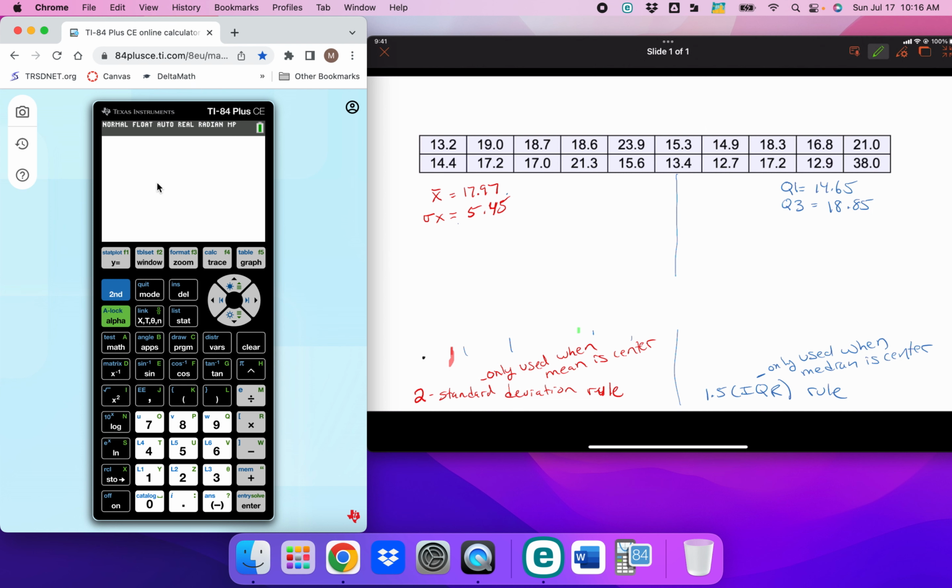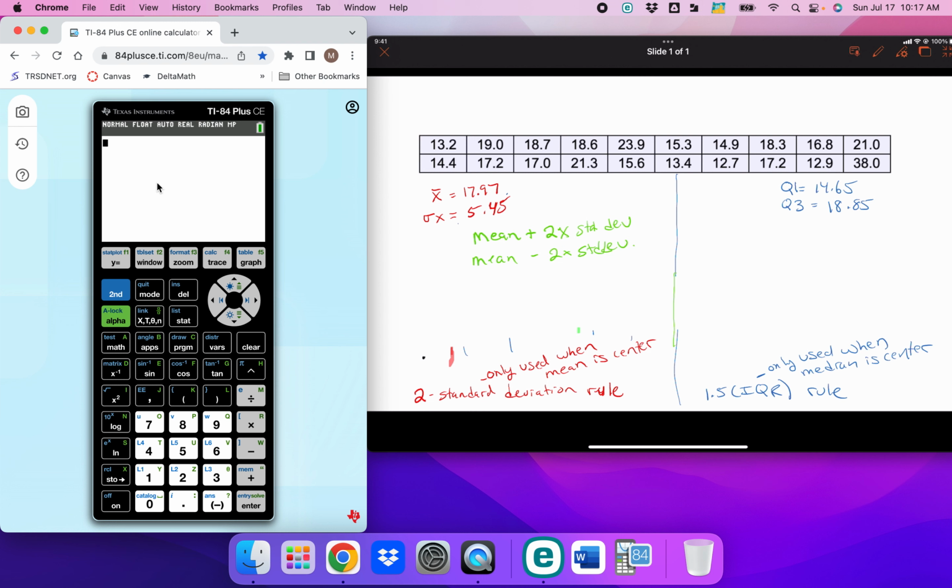So for this particular data set, I need to use my 2 standard deviation rule to determine if there are outliers. The way we do this is you take the mean and you add 2 times whatever the standard deviation is, and then you do the mean minus 2 times the standard deviation.